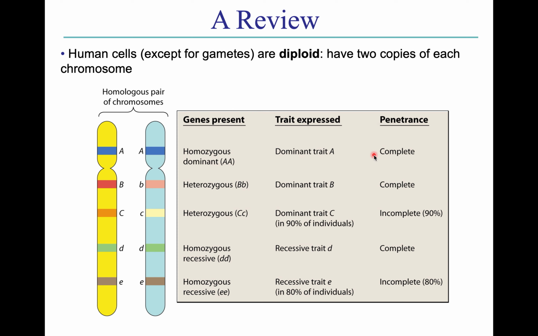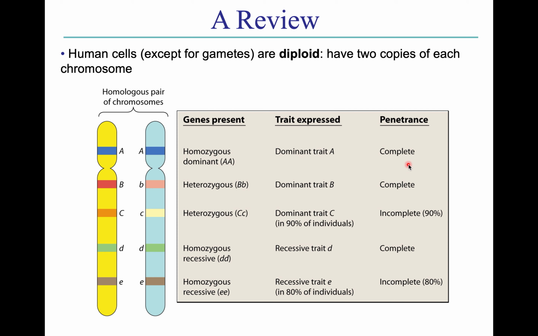And we are kind of conditioned, if you've studied Mendelian genetics before, to think of penetrance of these genes and their phenotypes as being complete, meaning if you have a dominant version of a gene, dominant A or dominant B, we would expect anybody who has at least one copy of that dominant gene is going to have the dominant phenotype, whatever that may be associated with that gene, right? 100% of the people.